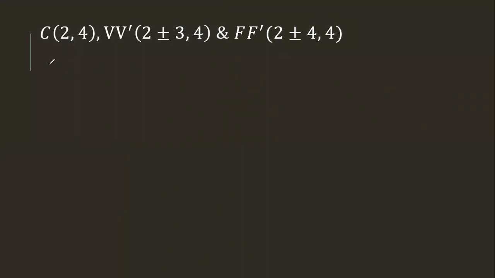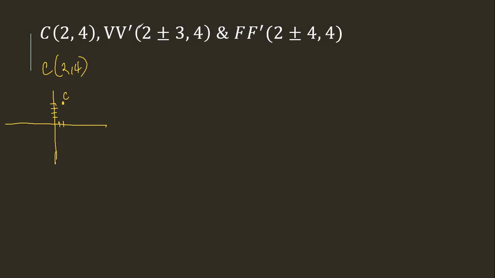Our center is at 2, 4. So i-graph natin para kita natin kung nasaan ang transverse axis. So center is at 2, 4. 1, 2, 1, 2, 3, 4. So that's the center. Next is our vertices.